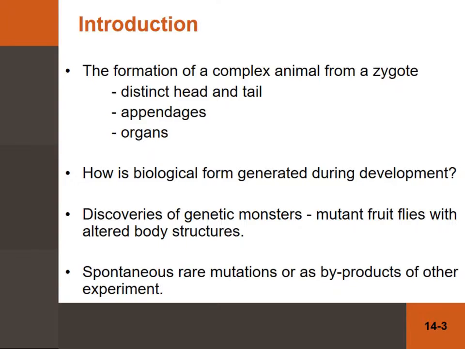So let's start by imagining the formation of a complex animal or a complex plant from a single-celled egg. This involves an amazing transformation that organises that massive cells into a distinct form with a head and tail, or a shoot system and root system, appendages in the case of an animal, tissues, organs and systems.